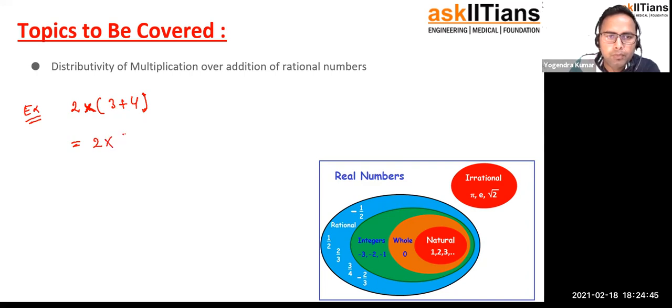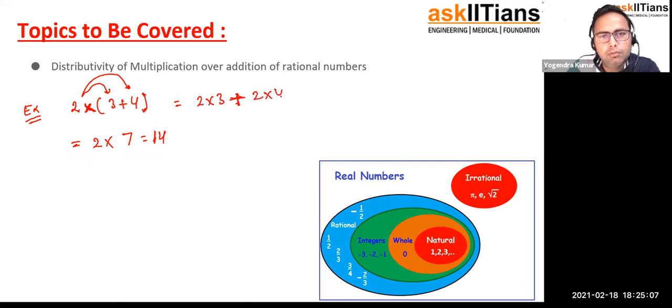So 2 into 7 is 14, and 14 is the answer. But if I want to distribute multiplication over the addition, 2 will multiply with 3 and 2 will multiply with 4 also. So we get 2 into 3 plus 2 into 4, which is 6 plus 8, exactly the same result we got by following the BODMAS rule.